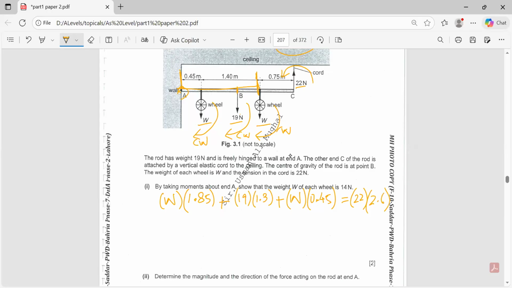Guys, are you understanding how we are going to apply the principle of moments in this case? This is how it will be done. At the end, after solving all of them, our weight will be 14 Newton. So by taking the moments about A, the weight of each wheel will be equivalent to 14 Newton. Is this fine?